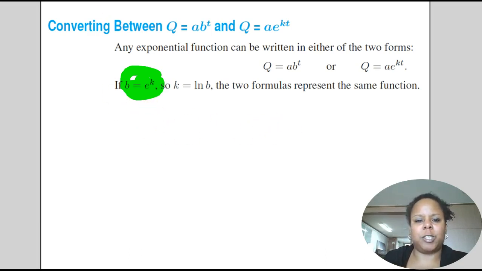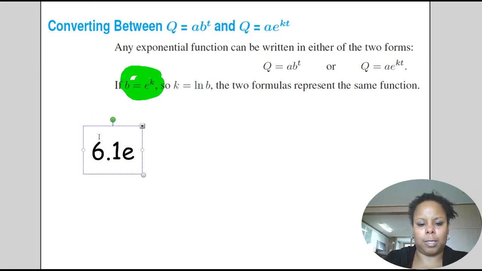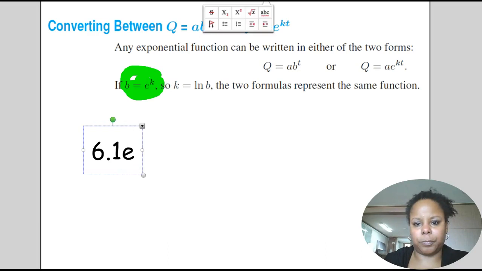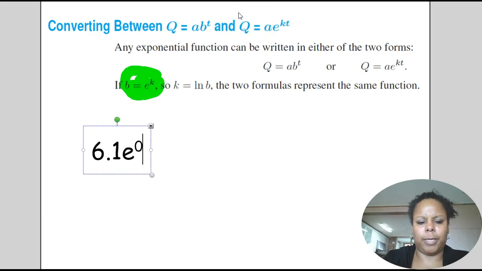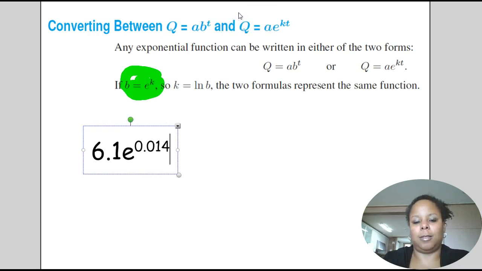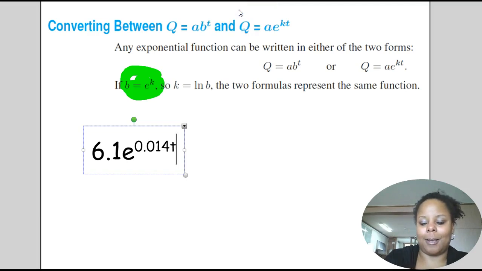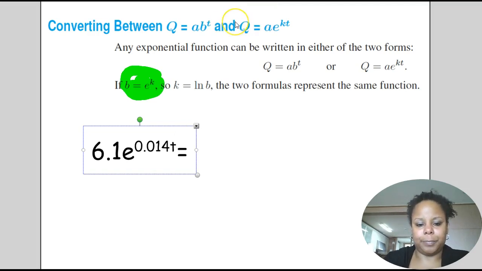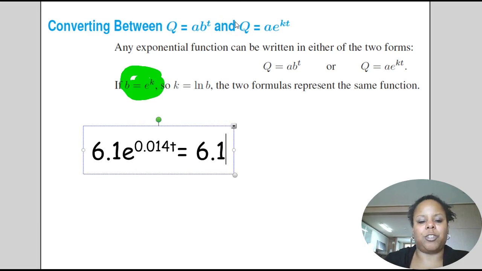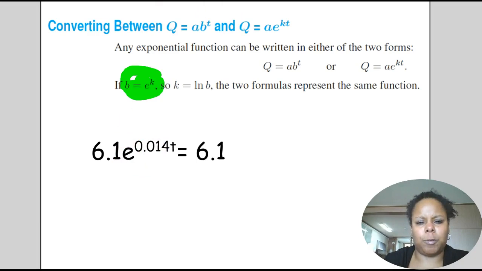If I want to write that expression, instead of 6.1 times e to the 0.014t, with a different base, I don't know why you would, but if you did, you could. That is basically by doing 6.1 and trying to find out what e to the 0.014 is. Once you find that out, then you'll be able to write that as my base.